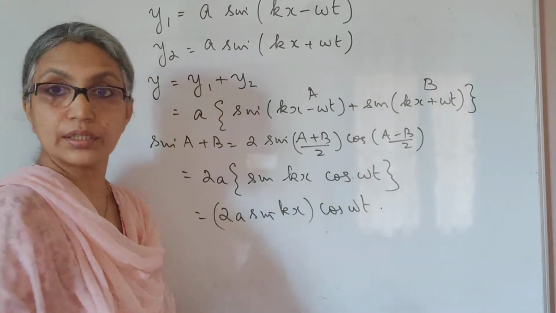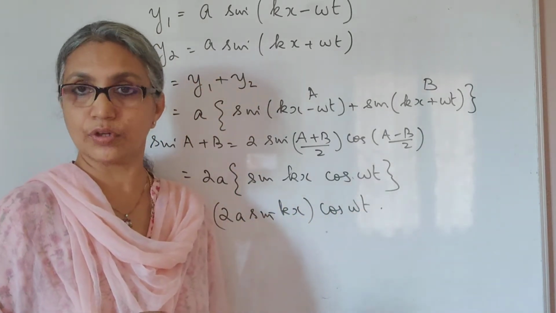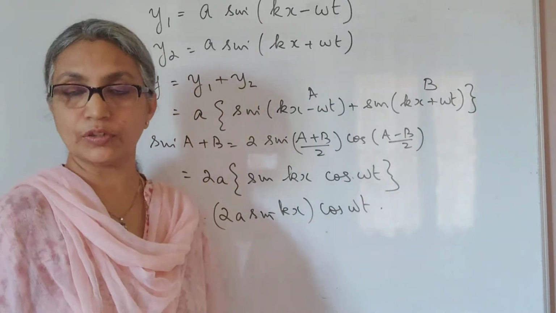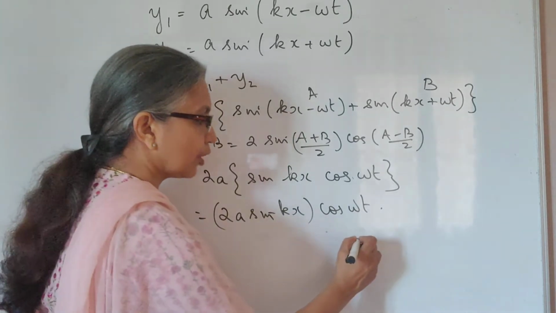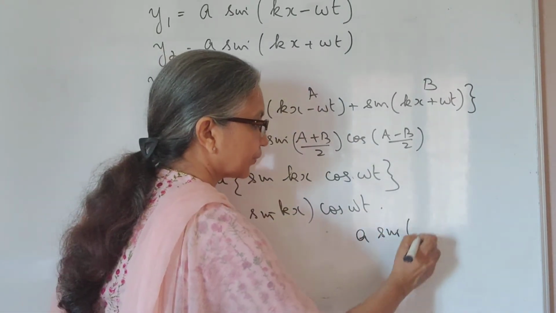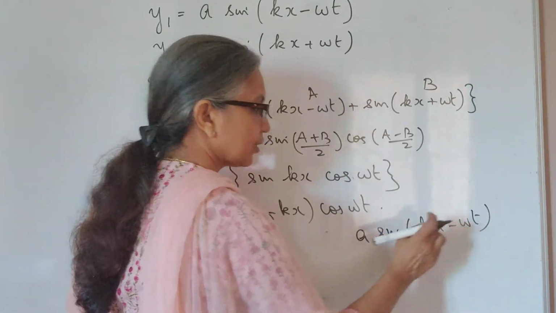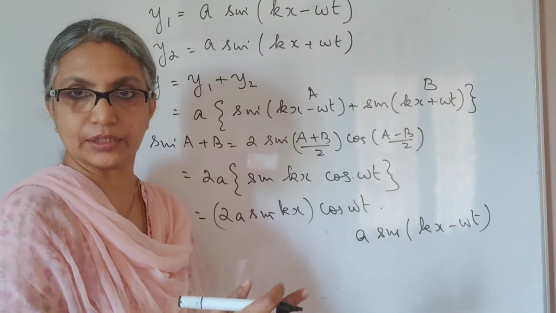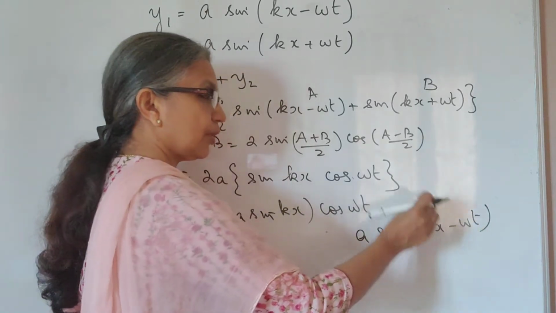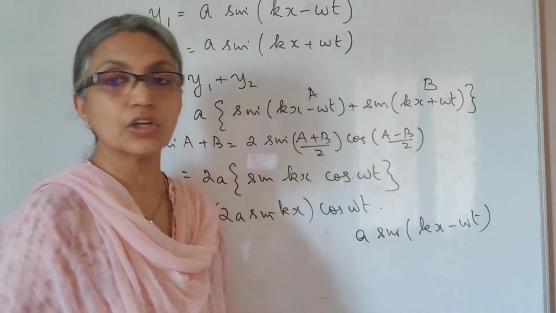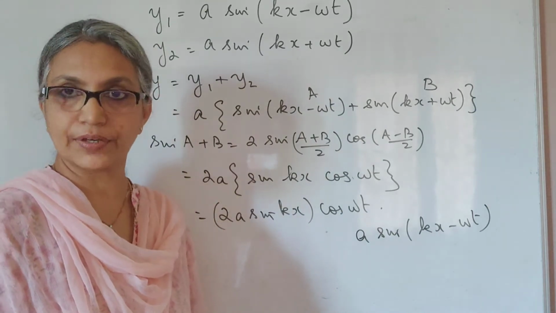Now this clearly does not represent a traveling wave or a progressive wave, because if we need to represent a traveling wave or a progressive wave, it should be of the form a sine(kx minus omega t) or kx plus omega t, something like that, showing you that this wave is propagating energy along the positive x-axis.